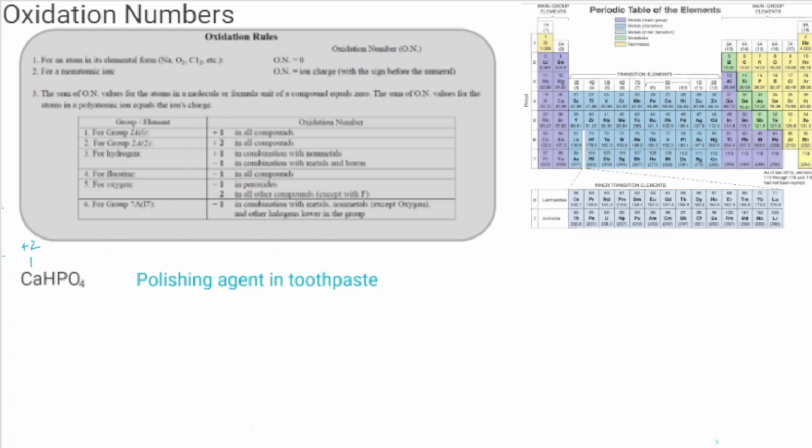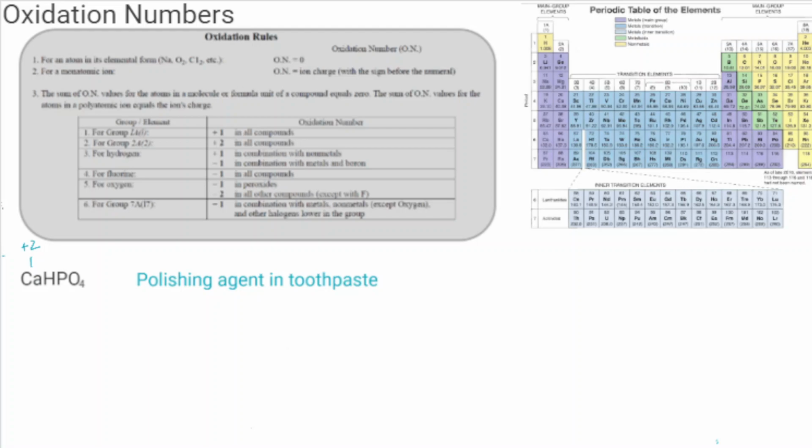Then we're going to look at fluorine. We don't have any fluorine, so we're going to move on to the next one. Then we look at oxygens. Now we do have some oxygens. One of the tricks to solving this very easily is to recognize that we have this PO4. PO4 is a very common polyatomic ion. It's a phosphate ion.